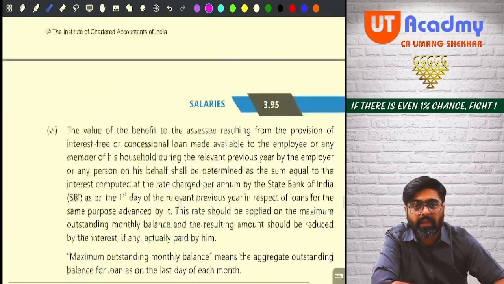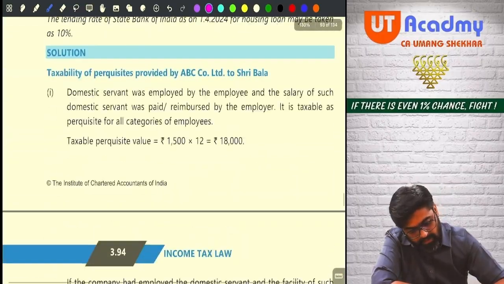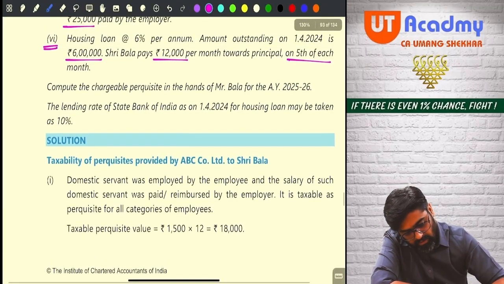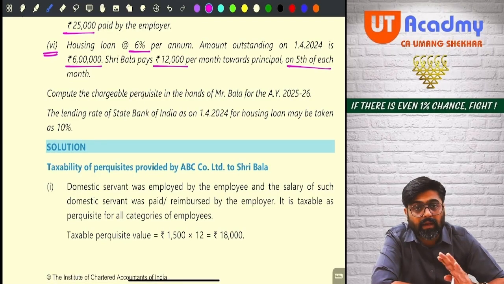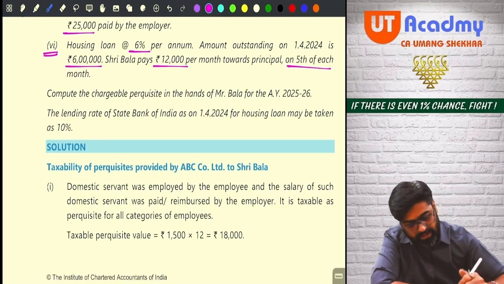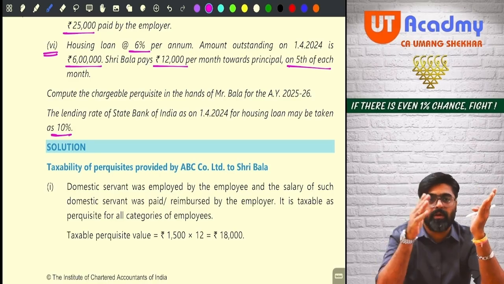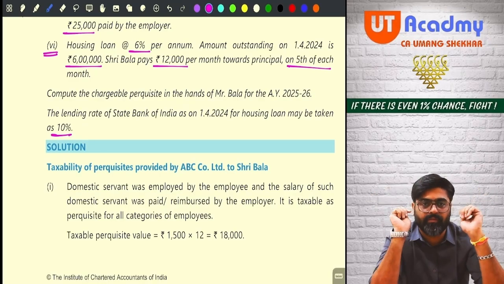Done? And how much is the interest benefit? See, the employer is charging 6%. And what is the SBI's prime lending rate? They have given the lending rate of State Bank of India as 10%. So reasonable rate is 10%. Employer is charging how much? 6%. 4% benefit is there.